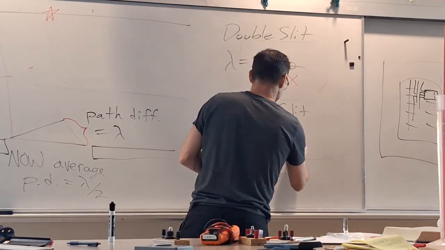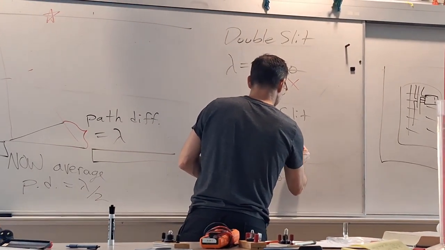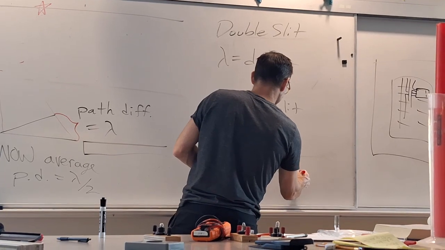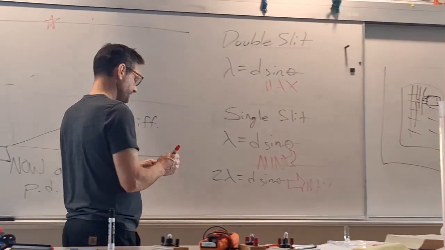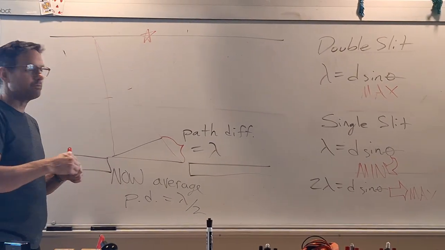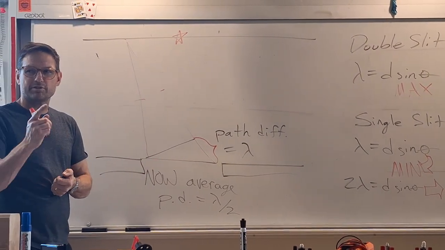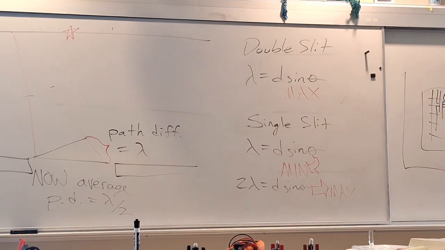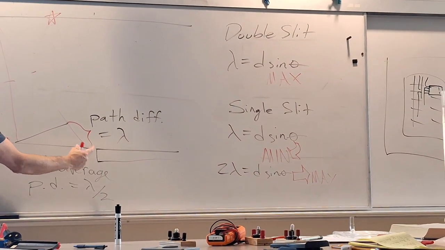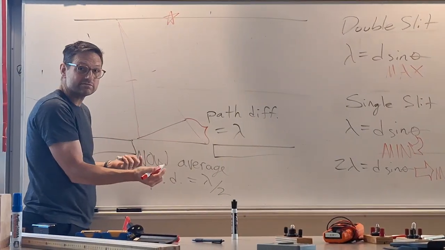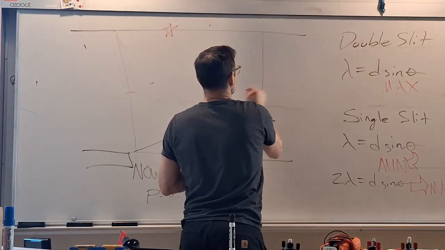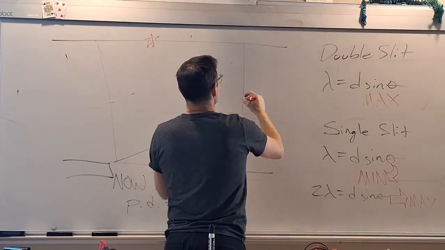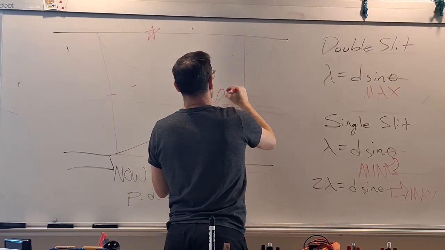That gives you a minimum, and this gives you a maximum. And then do you remember we had modulation of double slit by single slit? Yes. Because when you have a double slit, each slit is a single slit. So your maxima will look like, say, like this.